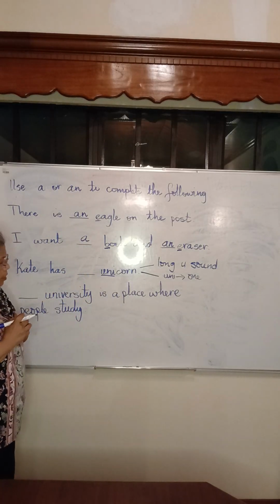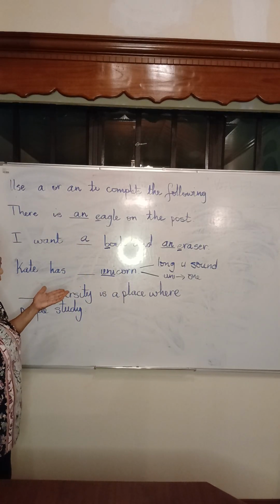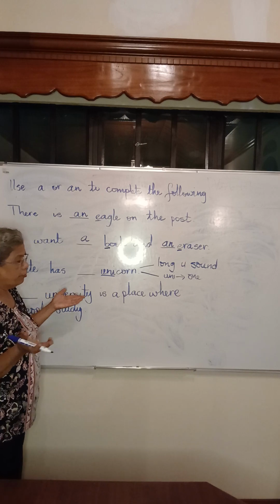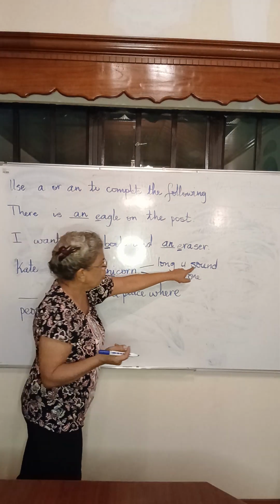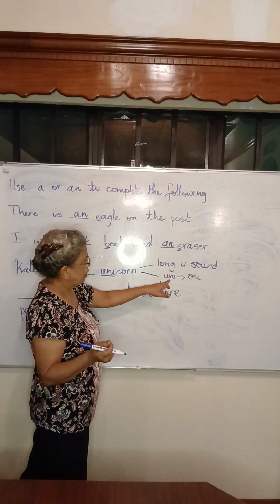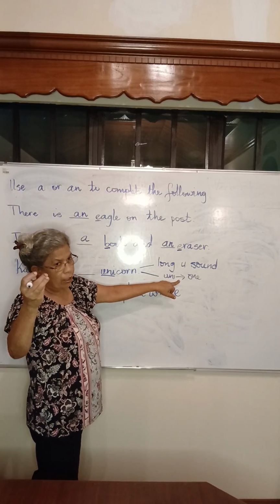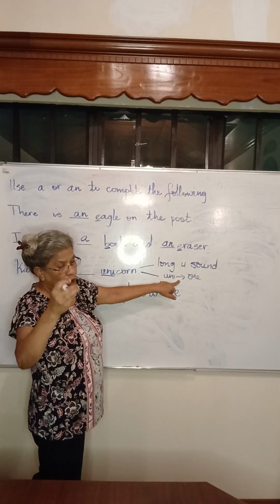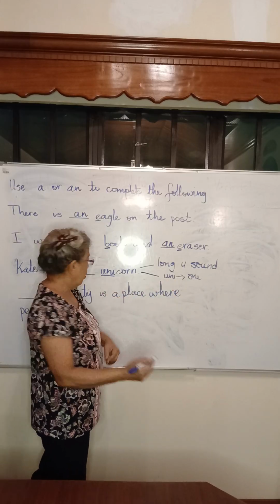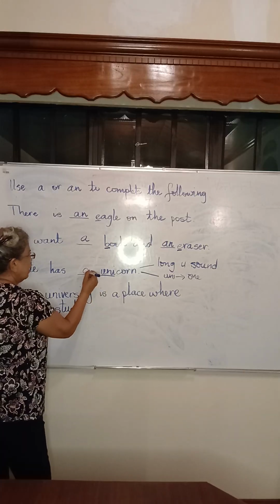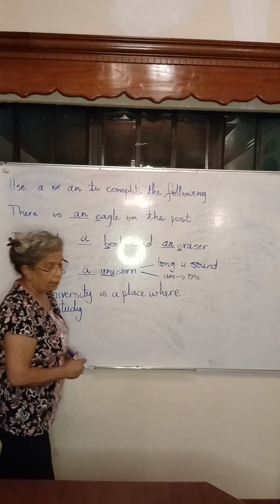Okay? So some people reason it using a long U sound, and then some would say uni means one, and if it's one horn, because it's unicorn, one horn, then we are going to use A, and A is correct.